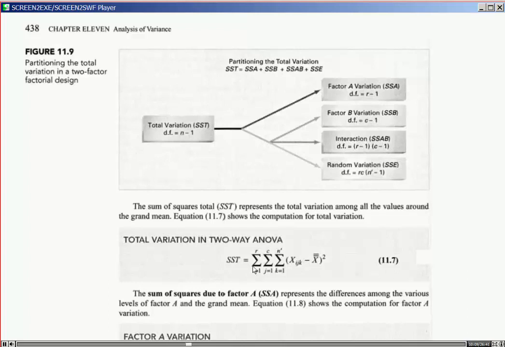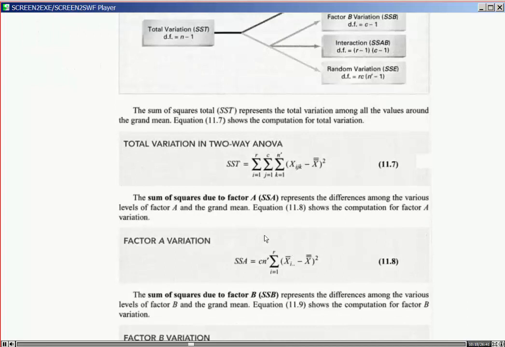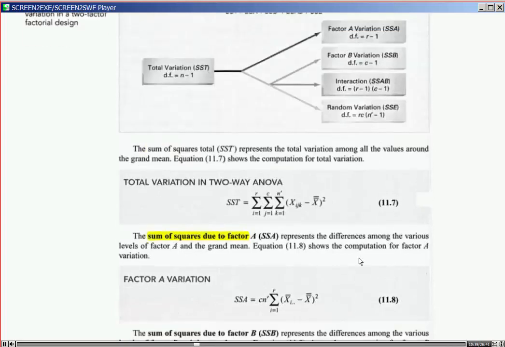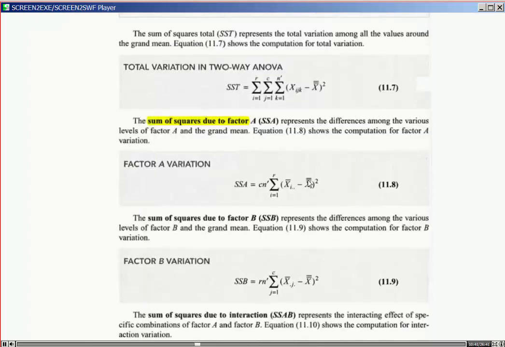We have R's for factor A, C's for factor B, and N primes for the interaction of those two factors, or as they put it, combination. The sum of squares due to factor A, SSA, represents the differences among the various levels of factor A and the grand mean. This is the first step in computing this, which actually brings us back here.